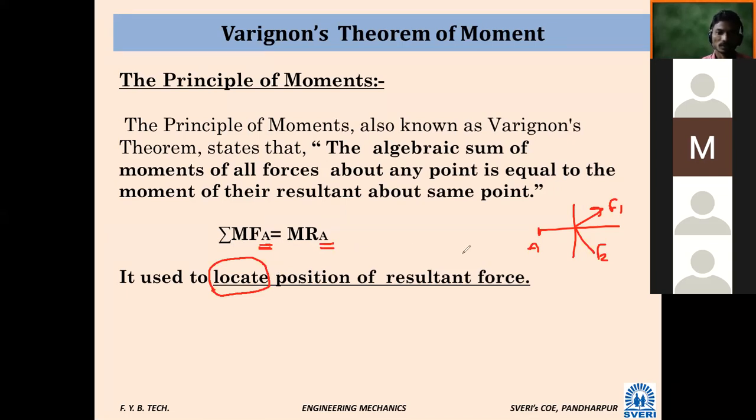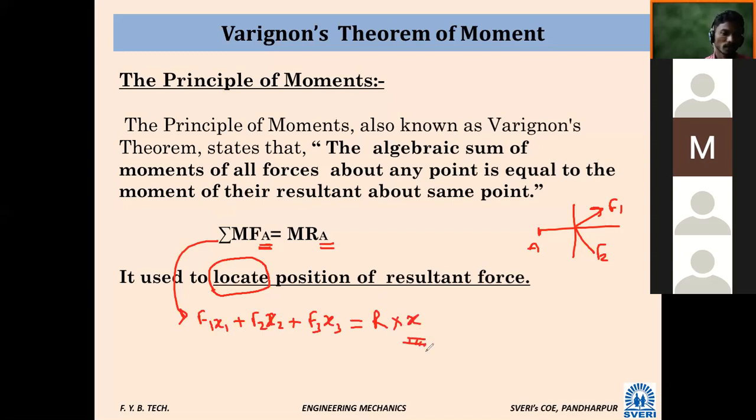Suppose three forces are there. Going a little deeper: F1 x1 plus F2 x2 plus F3 x3 equals the resultant R into its distance, suppose x. How do we calculate this x?